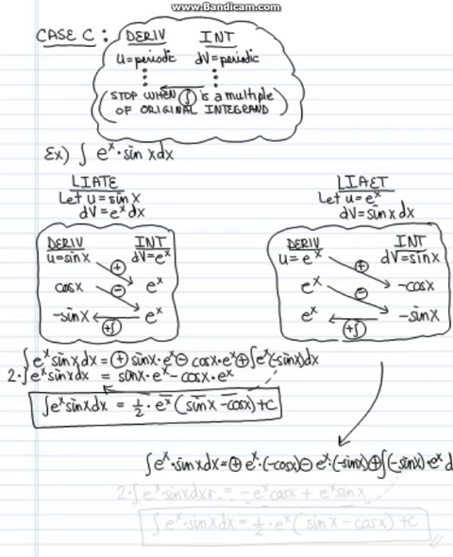Okay, so you see we have a negative e to the x sine x integral on the right, and we have a positive one on the left, so we'll move it over again.